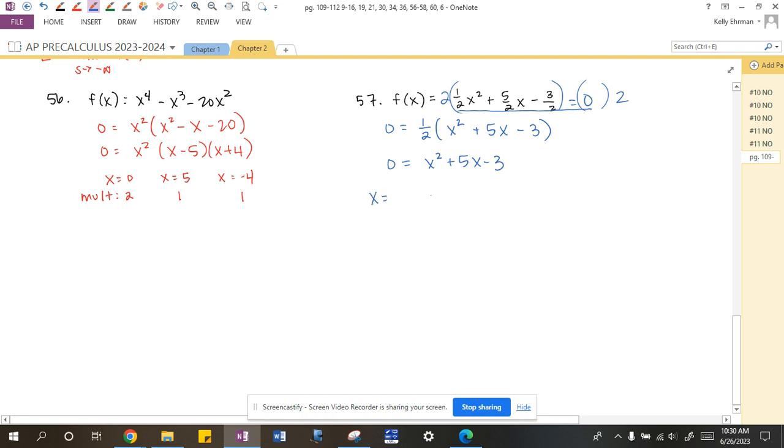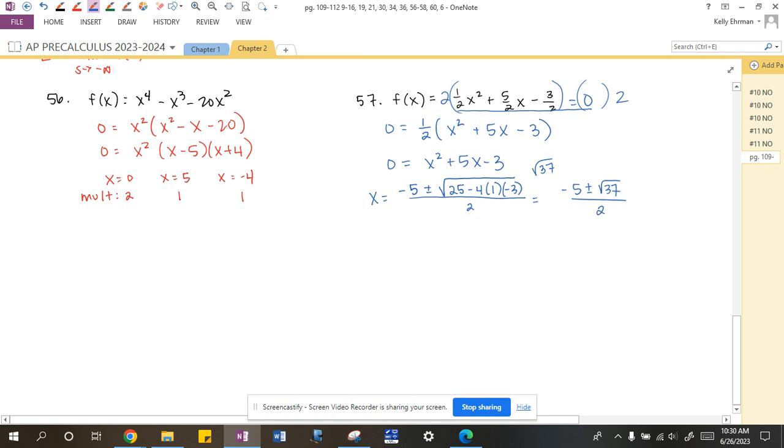We use our quadratic formula, so -5 plus or minus square root of 25 minus 4 times 1 times -3 all over 2. Underneath the square root, I always just do this off to the side to save some writing. This becomes 25 plus 12, so that's 37. So -5 plus or minus radical 37 all over 2.